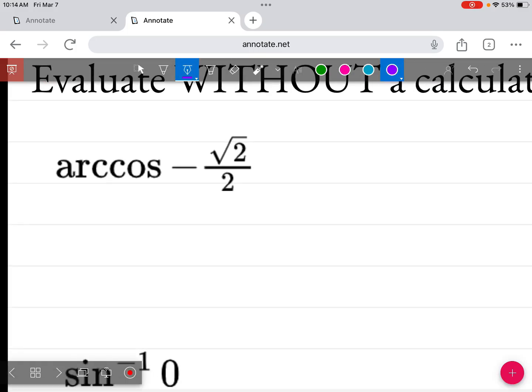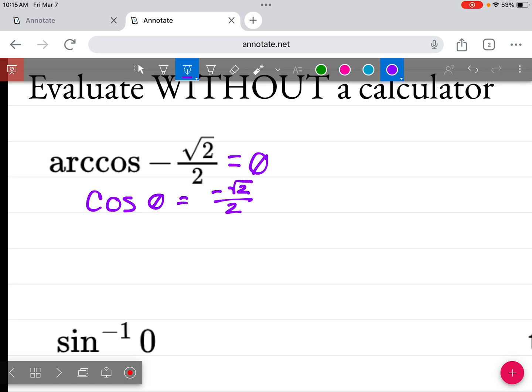And if it helps, you can absolutely write that. Arc cosine of some number means that's going to equal the angle. So I can write this as cosine of whatever that angle is equals negative square root of 2 over 2. What angle does have a cosine of negative square root of 2 over 2?